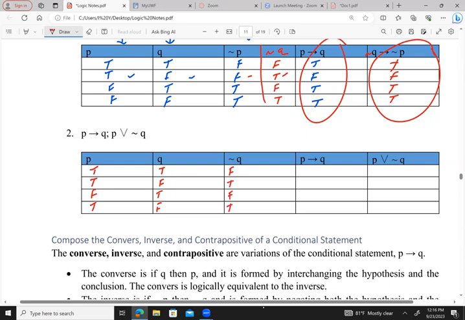And then I have if P, then Q, which would be the same as above: true, false, true, true. How about P or not Q? When one of them is true, it's true. So P is true for the first two. Not Q is true down here. And they're both false here. These are not the same, so this is not equivalent.